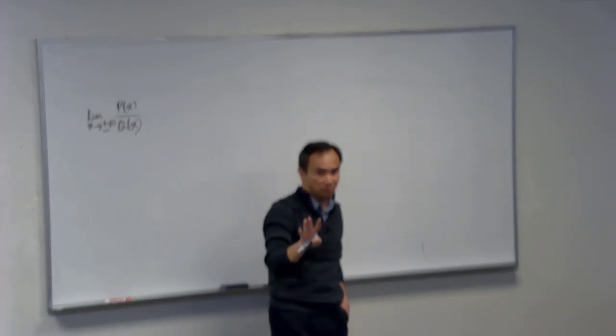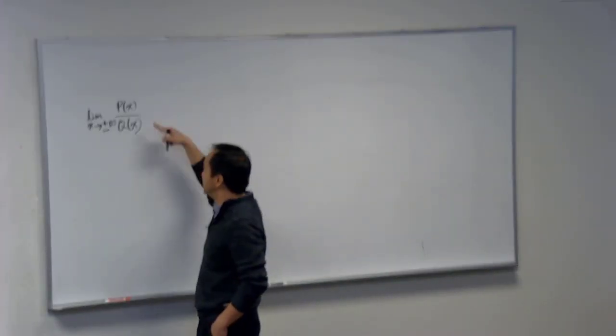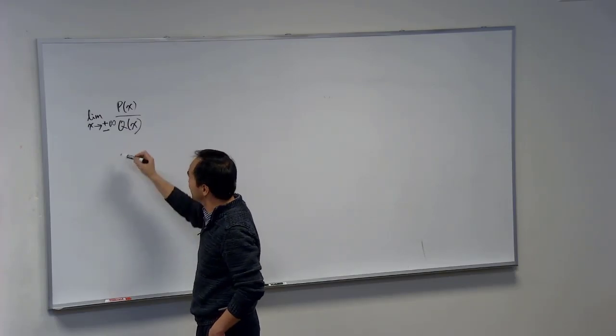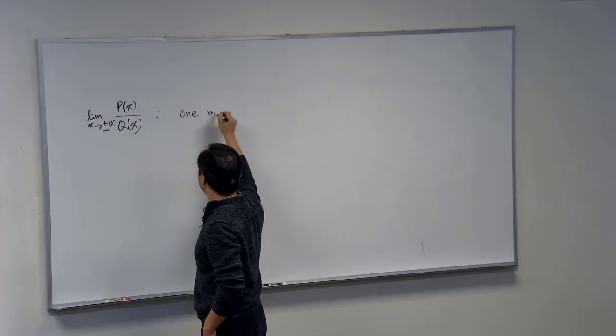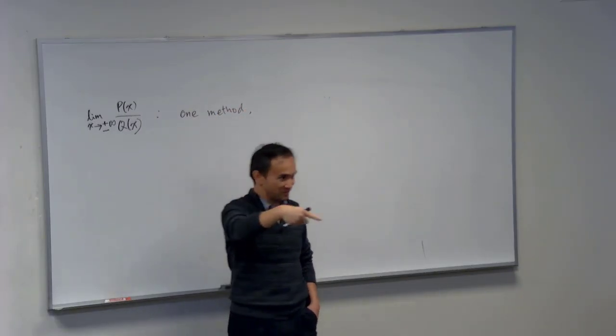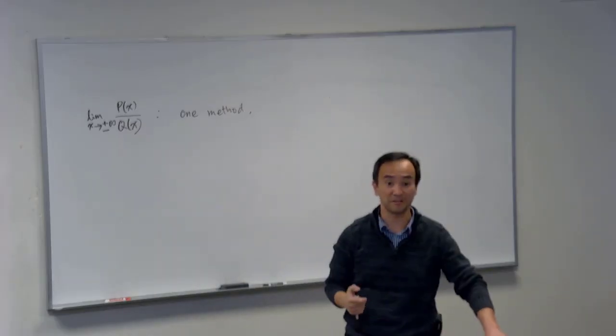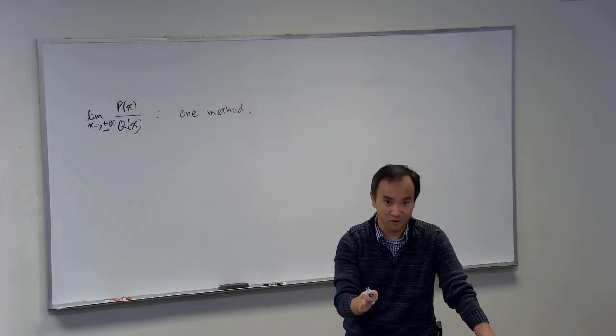We don't need to bring in any special treatments. That one method that worked was to multiply by 1 over the highest power of x in the denominator, but that method only worked for the rational function.